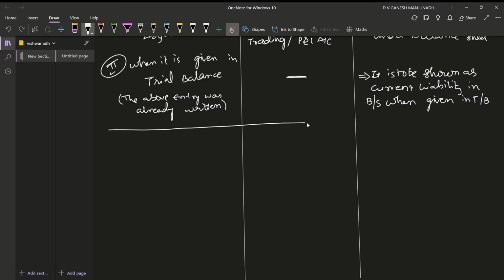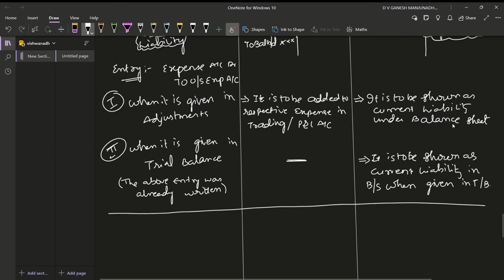I'll repeat, the entry for outstanding expenditure is expense account debit to outstanding expenditure account. Outstanding expenditure is still payable, so that will be like a liability, and it is to be added to the respective expenditure. When it is given in adjustment, it is to be added to the respective expense in trading or P&L, and it is also to be shown as current liability in the balance sheet.